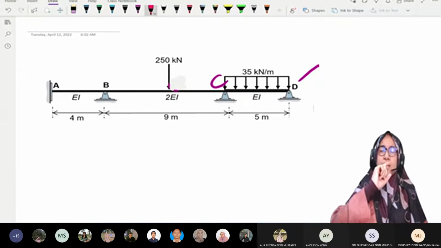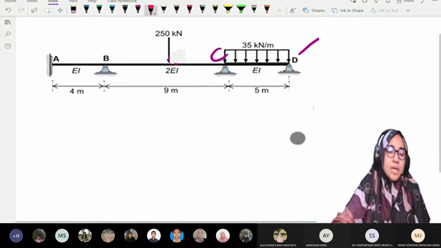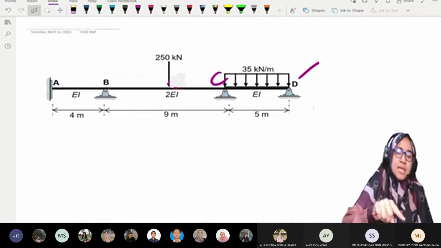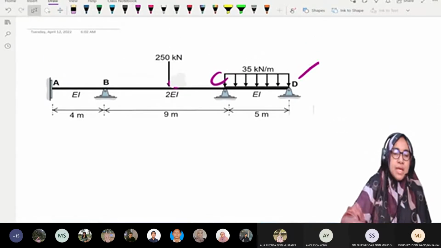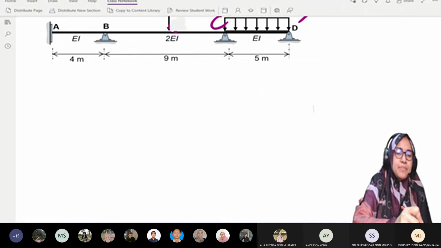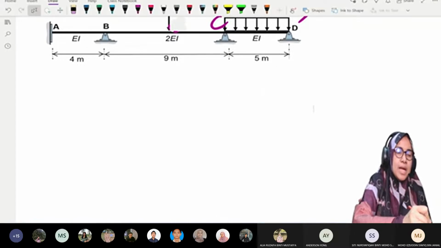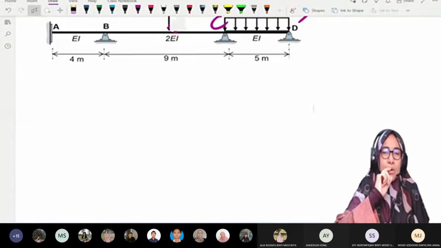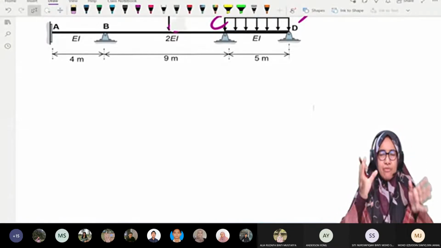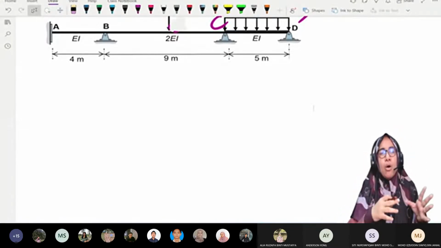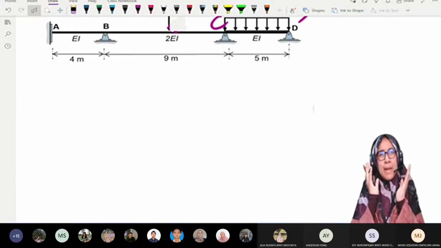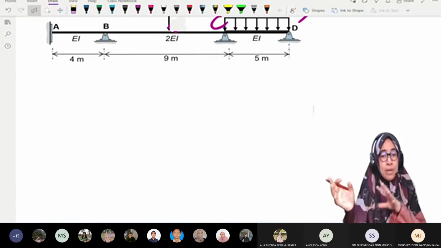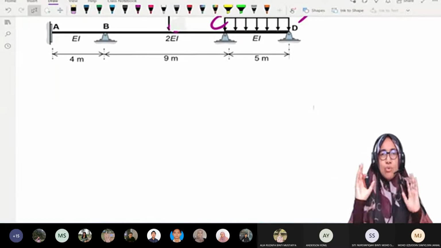So kita nak tengok fixed end moment dekat CD ni. Fixed end moment ni kalau dalam MDM you ada two option. You boleh consider both end fixed, solve dalam table. Or you boleh apply dia punya formula letak dalam table yang macam di example tadi. Boleh pakai dua-dua condition.